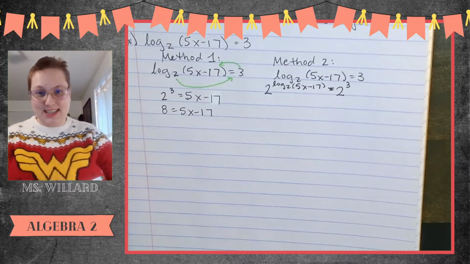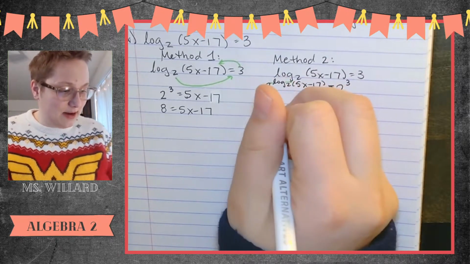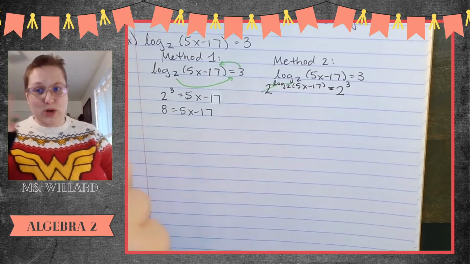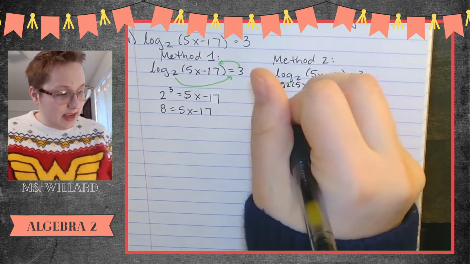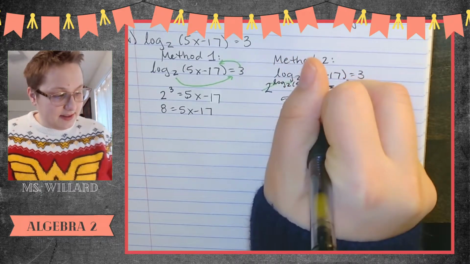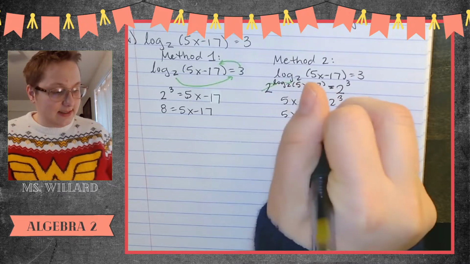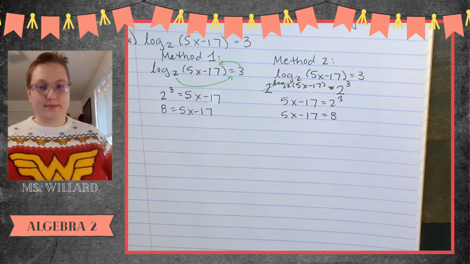Because just like logs cancel powers, powers cancel logs. So this 2 and that log 2, gone. So I get 5x minus 17 equals 2 cubed, and that's 5x minus 17 equals 8.